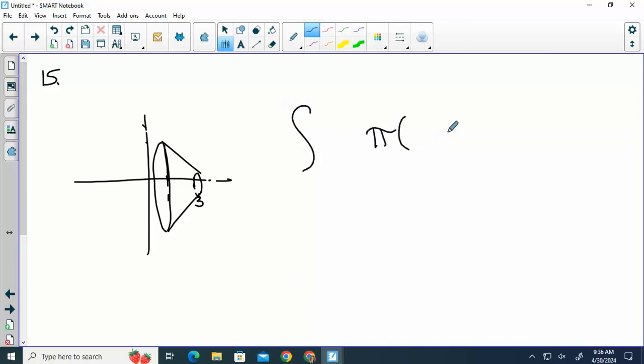pi r squared. Since we're rotating around a horizontal line, will we do it in terms of x or y? X. Okay, so left to right, what is our starting point? And our ending point? Okay, we integrate, the radius is just that function, which was 8 minus 2x.